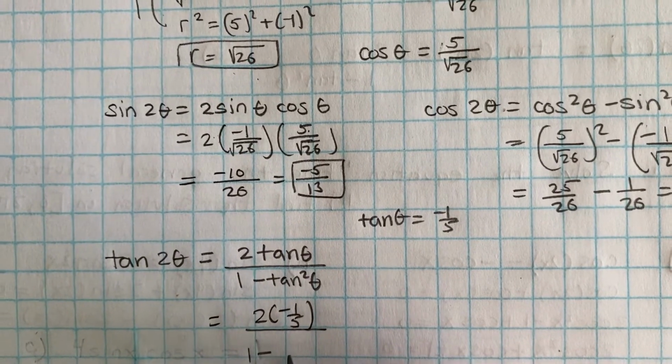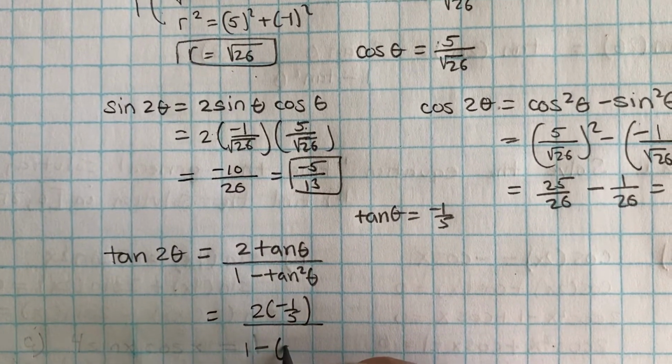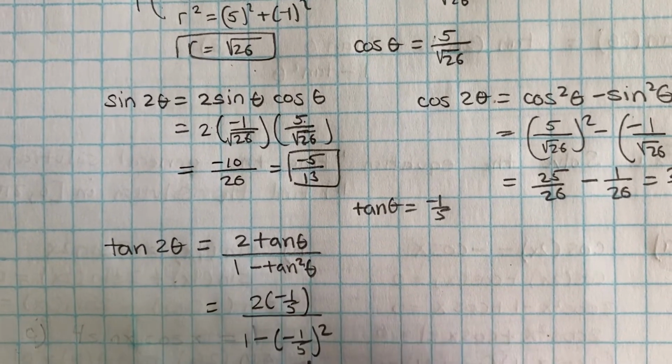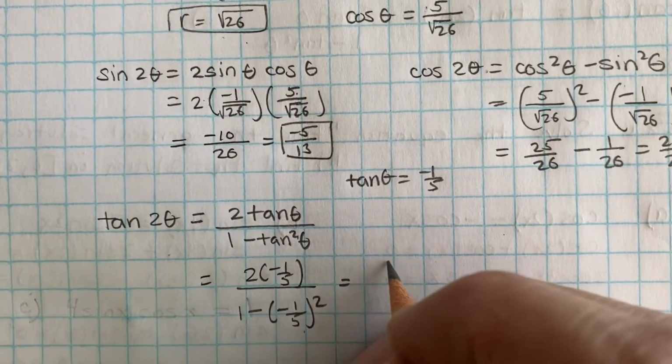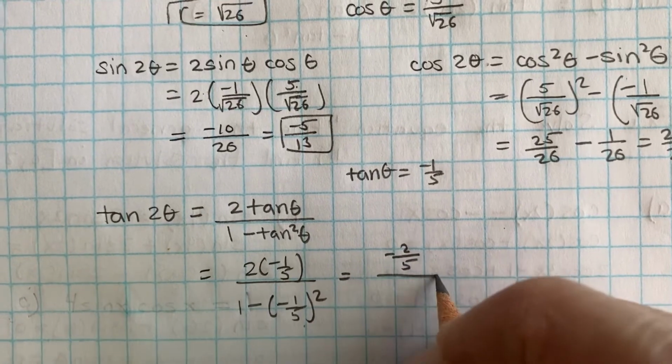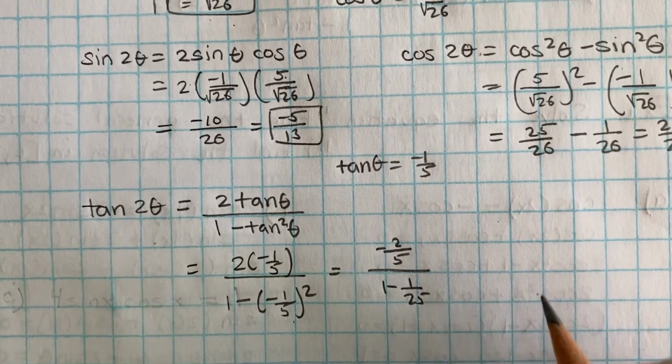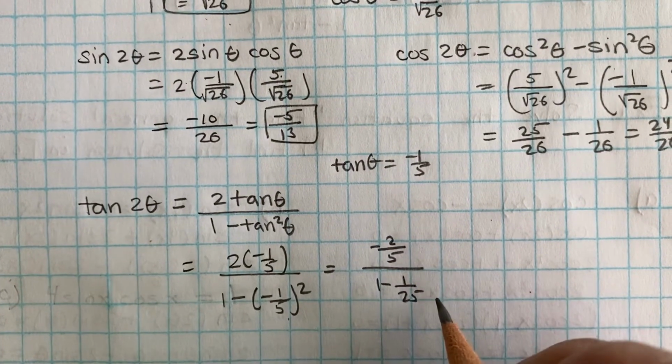All right, so plug it in and simplify. This really works on your algebra skills more than anything else. And I have to square it, so don't forget to square this. You're going to get -2 over 5, over 1 minus 1 over 25. And this is a complex fraction here.